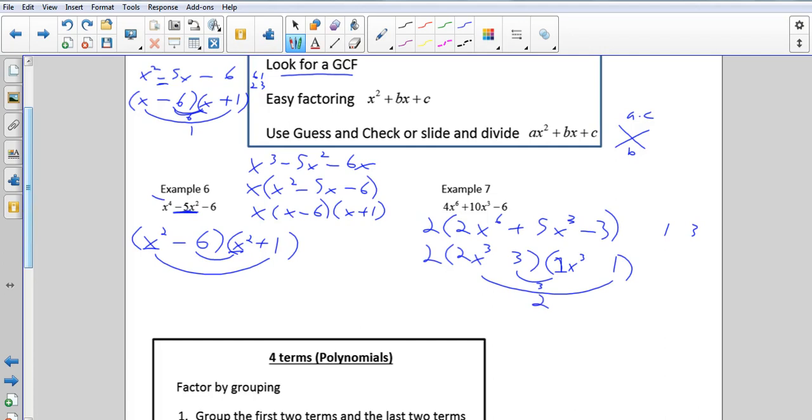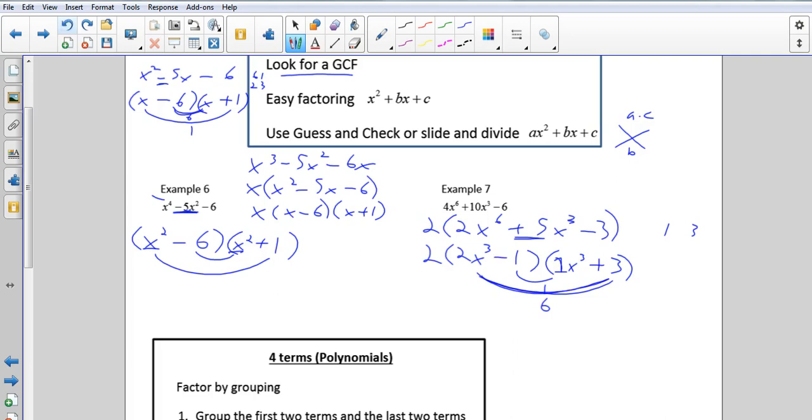Well, that's not going to help. So if I put the 3 here and the 1 here, now I get 1 and 6. 6 minus 5 is 1. That's what we want. I need to find out where the signs go. Since I want my 5 positive, I need my 6 to be positive. That comes in here, which makes this negative 1.